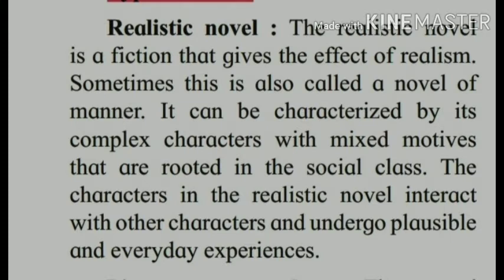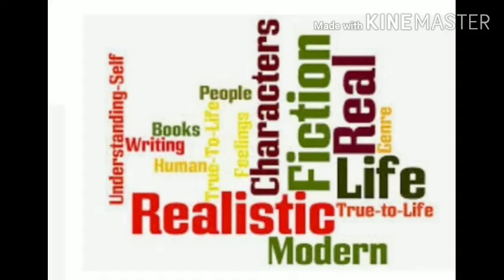The stories resemble real life, and fictional characters within these stories react similarly to real people. This type of stories shows personal or social events or issues that mirror contemporary life, such as falling in love, marriage, finding a job, divorce, so many.